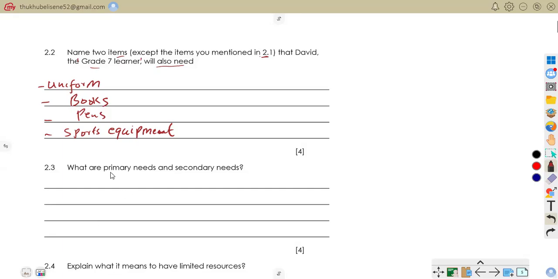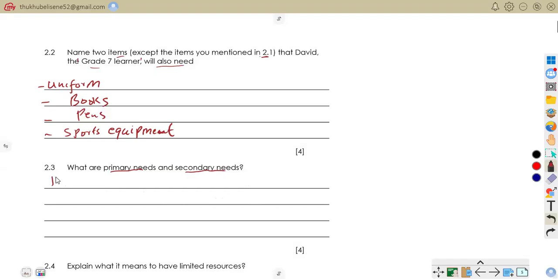2.3, what are primary needs and secondary needs? What are primary needs? So basic or primary needs, we are talking about needs you must have to live and stay safe.